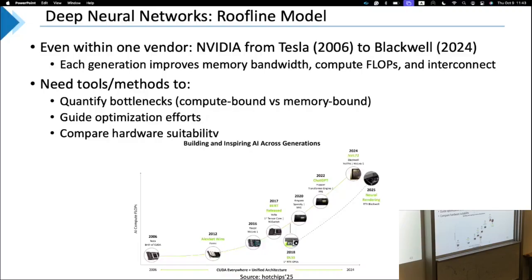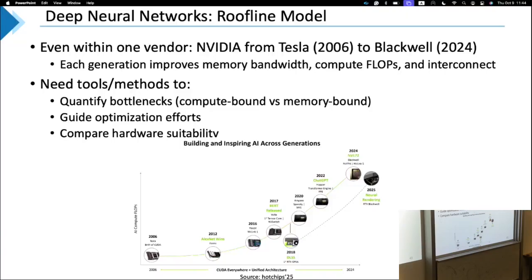And the roofline model is the first tool we introduce in this module to help you analyze the performance of your machine learning algorithms on target hardware platforms. And in our lab session, we'll also introduce several tools which you can use to profile, to get very precise and detailed analysis of the performance of your code.